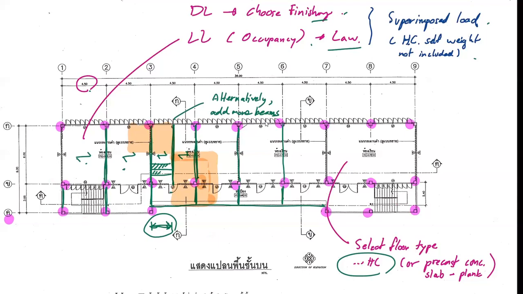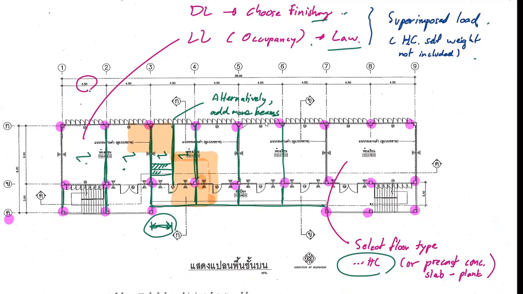So the weight that the column has to carry also becomes less. And it goes into the foundation, that your foundation will probably carry less. So you require a smaller number of piles, for example. That clear? Yes. Okay, good.